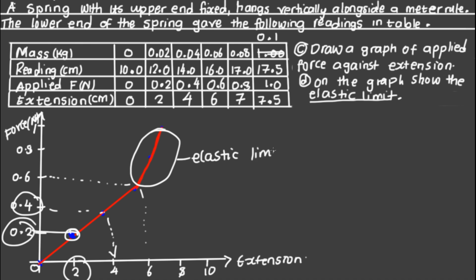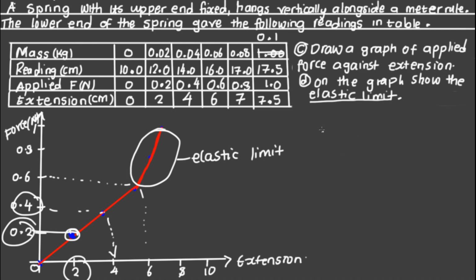At times you may encounter a question where you are asked, did the graph or the curve or the spring reach the elastic limit? If the line was straight, then the answer would have been no, if a question like that was asked.